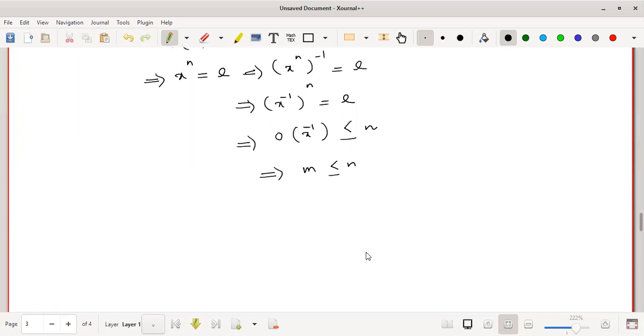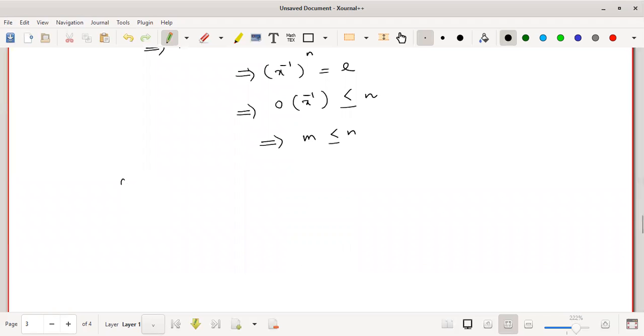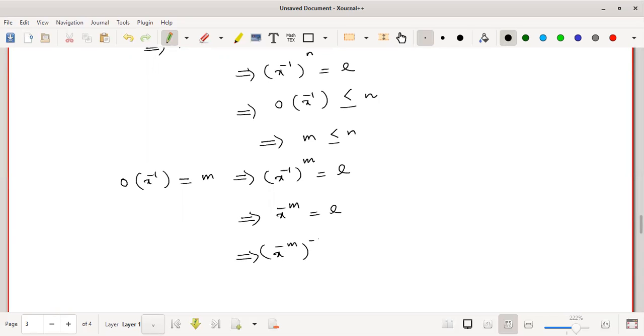Now interchange the roles of m and n like this. The order of x to the power minus 1 is m. This implies x to the power minus 1 to the power m is identity, implies x to the power minus m is identity, implies (x to the power minus m) inverse is identity, implies x to the power m is identity, and this implies the order of x is less than or equal to m.